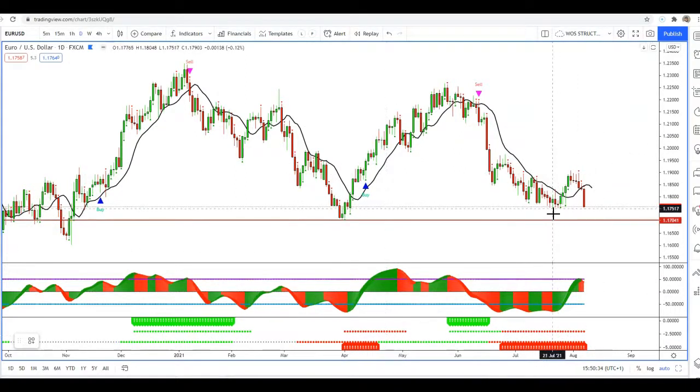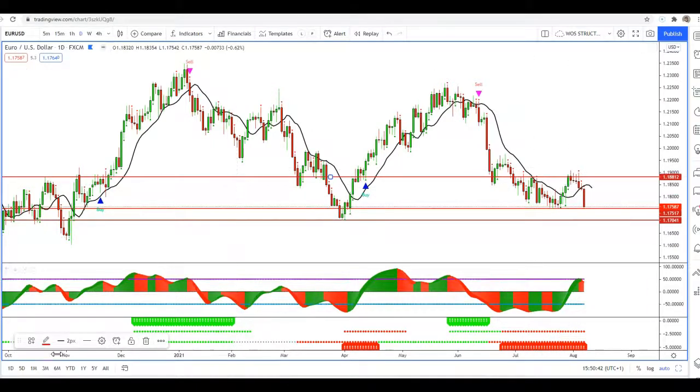This zone here, this is the last low that shows us, and we have this structural break here. So this point is a structure. It has already been broken. That structure has already been violated. Price has come down to retest the low.